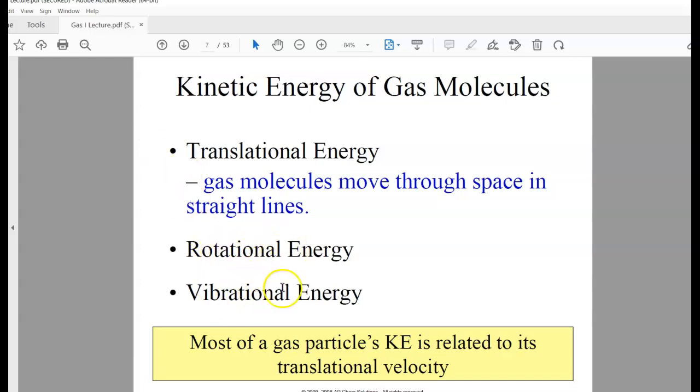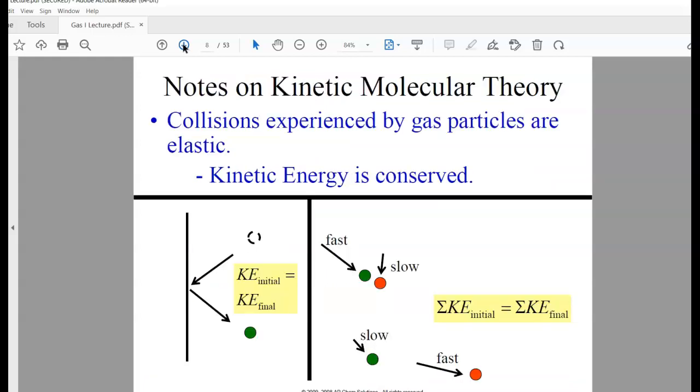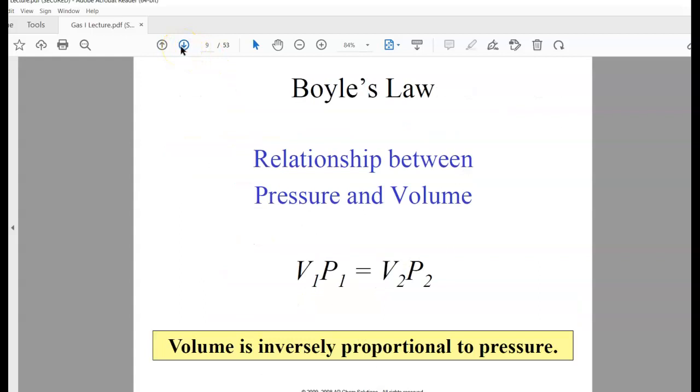Rotational and vibrational are also modes of kinetic energy, and molecules can rotate. In fact, they do, and they vibrate. And that's very important to understand the vibrations of molecules for other reasons other than gases. We learned that we are looking at collisions with the walls that are totally elastic. And then we started getting into the gas laws.